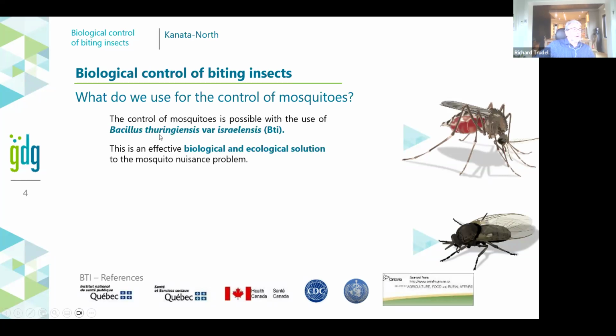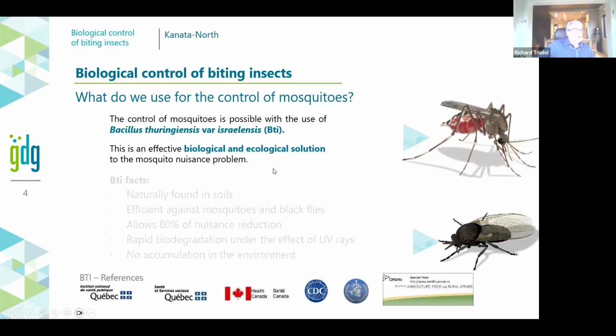Once this bacteria is ingested by the larvae, because we target the larvae, it gets dissolved inside of the insect, and it makes the insect die because of the destruction of the digestive system.